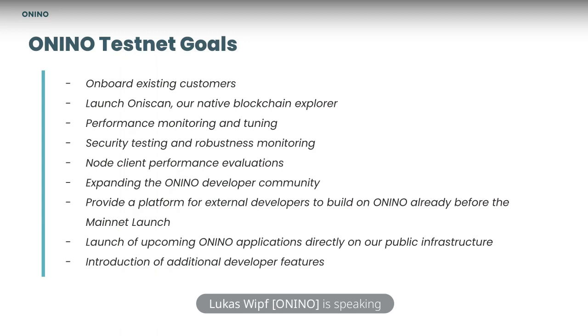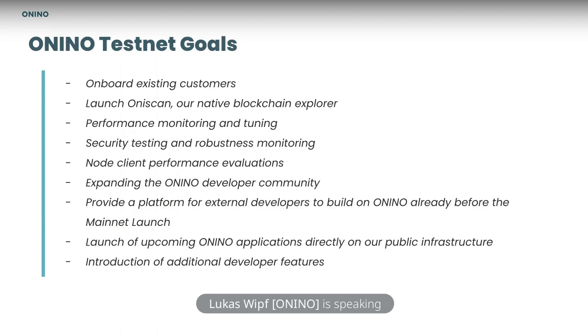We chose to build our own, as of now, called OniScan. And the overall goal is to make understanding of what's going on with blockchain transactions and all the hashes that are thrown around there, and the block times and the blocks that are created much more easily understandable for everyone. So that will be one exciting thing to look forward to.